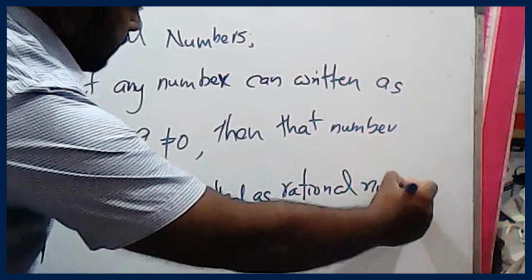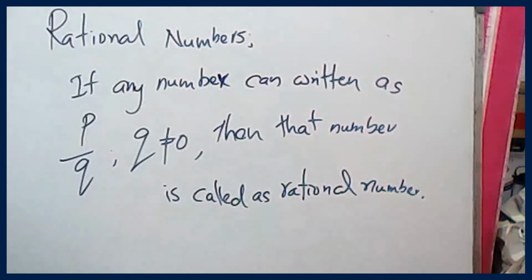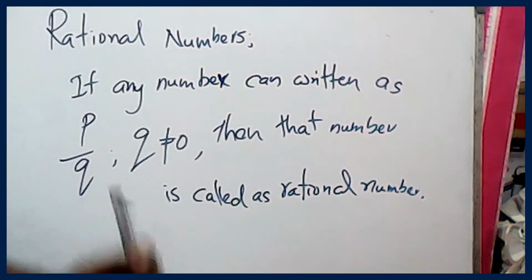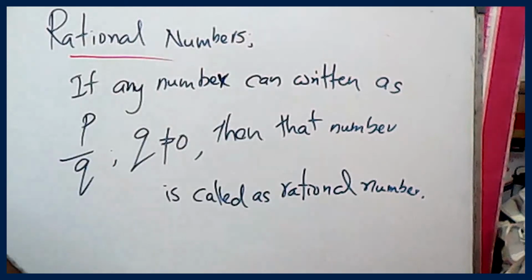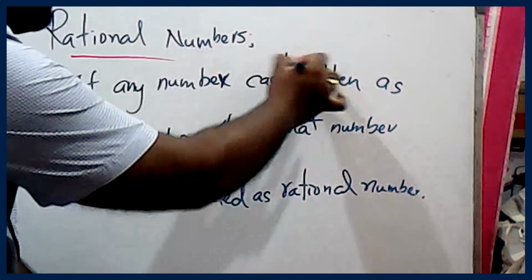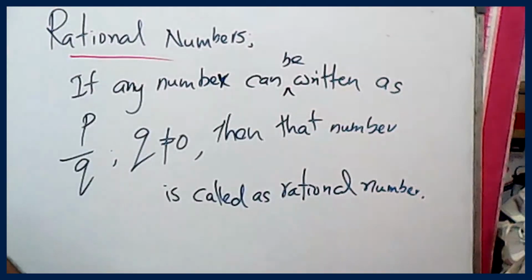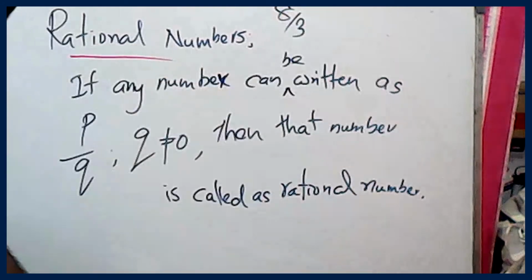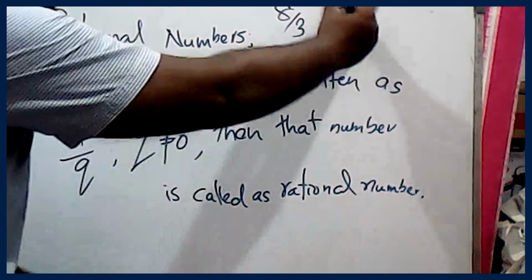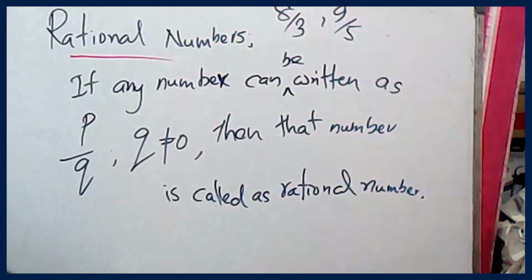If any number can be written as P over Q where Q is not equal to 0, then that number is called a rational number. It is very simple. For example, 8 over 3 is a rational number. 9 over 5 is a rational number.